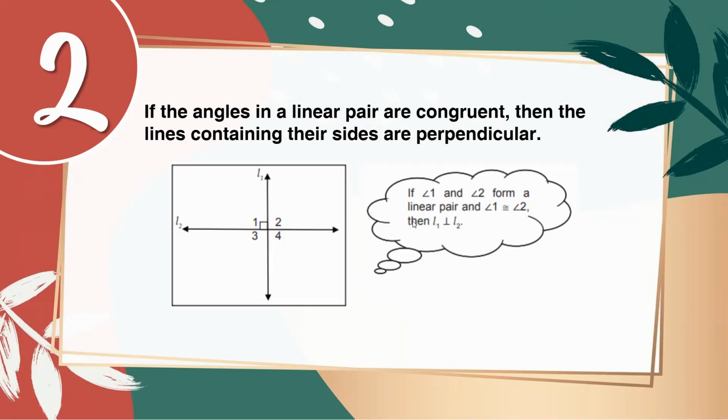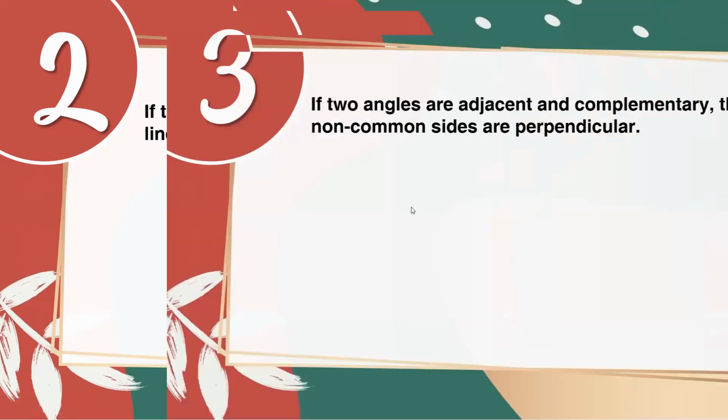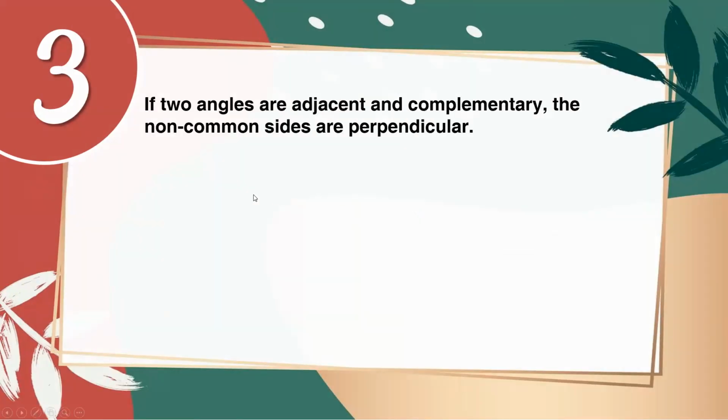Now, let's proceed with another theorem. Theorem number 3, or the last one. If two angles are adjacent and complementary, when we say adjacent, they share a common vertex. For example, this one.